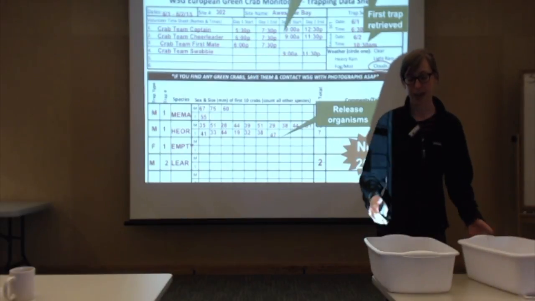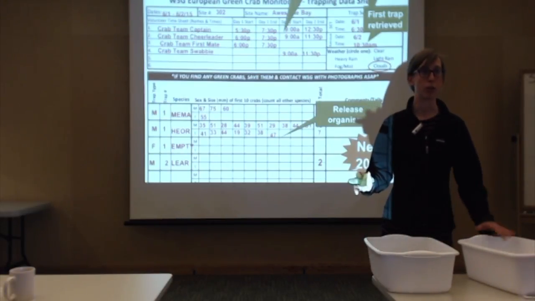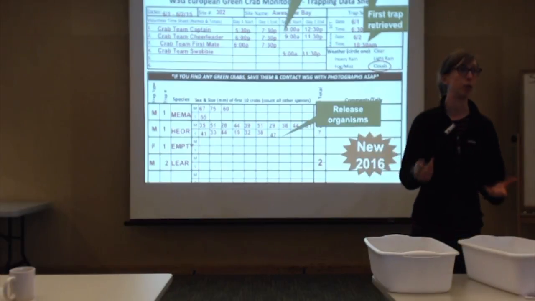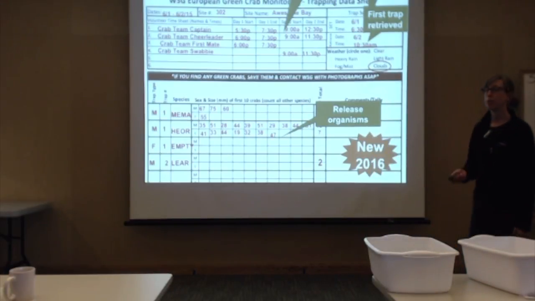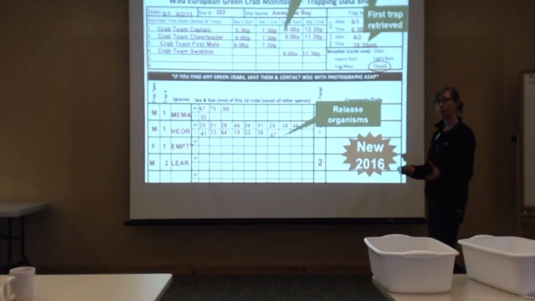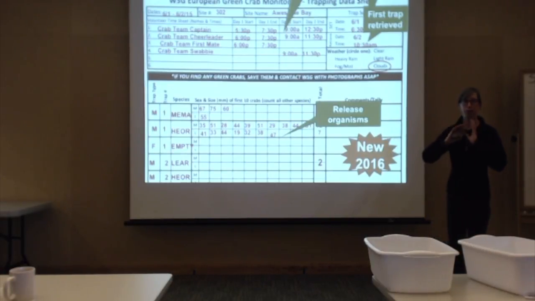Scoop them into here and have somebody run them down back to the water while the rest of us start on the crabs, to get the fish back as quickly as possible. Some, especially the shiner perch, are a little more sensitive. We want to get those guys back in the water very quickly. Count and release the fish first, then move on to the crabs. Once you get through all the crabs, you can release all of those at once, and you're good to go.